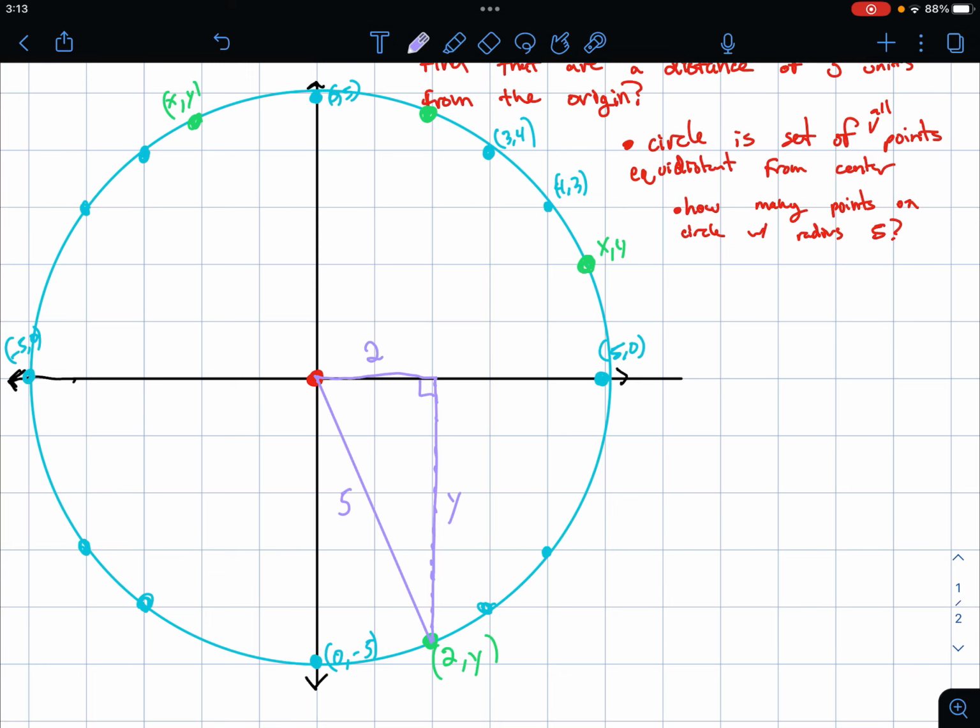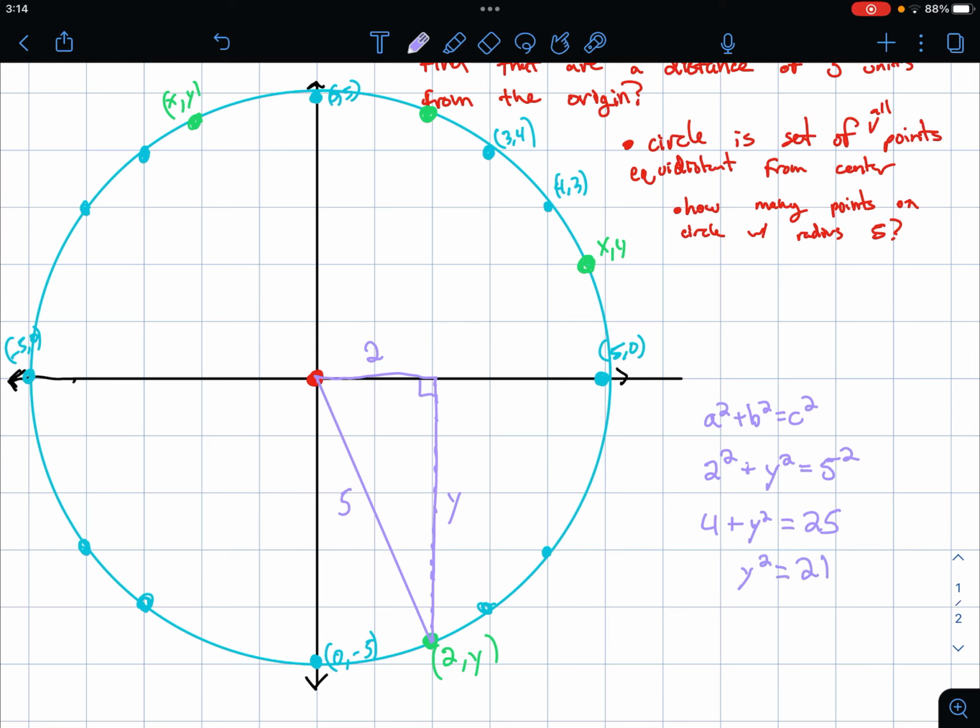And then using Pythag, I could just say a squared plus b squared is c squared. In our case, a we'll call the leg 2. So 2 squared plus y squared must give us 5 squared. 4 plus y squared is going to equal 25. y squared will be 21.